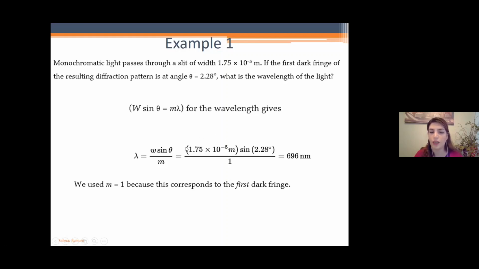They even did the conversion for us, this is in SI units. And then the angle is 2.28 degrees. And m is the number of the fringe that we are looking at. Here it says the first dark fringe, so I just divide by 1, and the wavelength is going to be 696 nanometers.